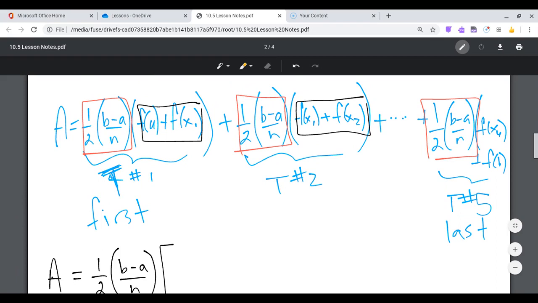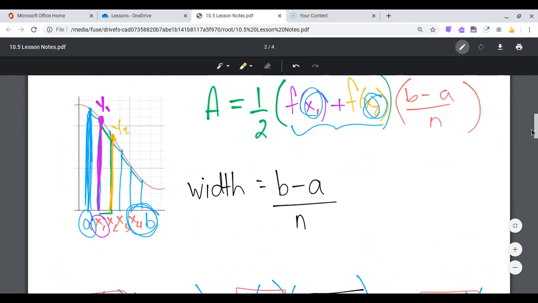So notice the first one has a single f of a, and the last one has a single f of b. But all the other ones are going to double up. I have an f of x1 here and another one there. And that's because the middle trapezoids all share a common side. So the f of a and the f of b, they don't share a side.